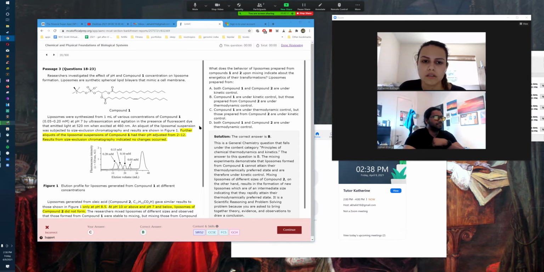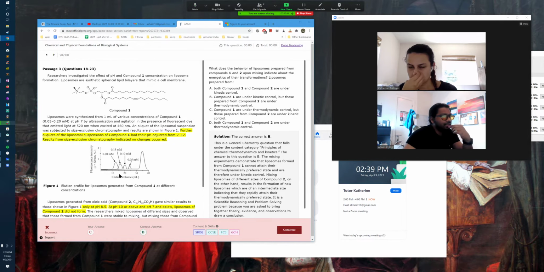All right, so what does the behavior of liposomes prepared from compound 1 and 2 upon mixing indicate about the energetics of their transformations? This one I thought was pretty hard, because I know about kinetic control and thermodynamic control, but I remember getting this one wrong because I wasn't able to apply those definitions to this.